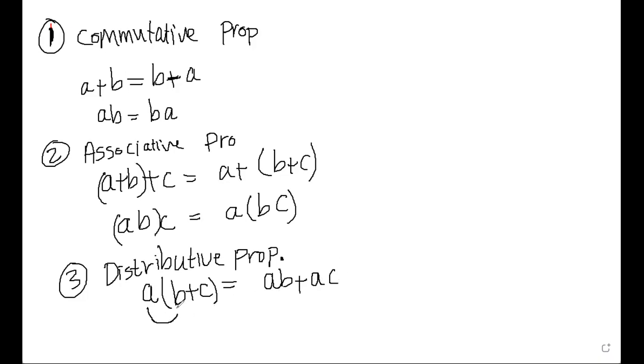We distributed the A to both terms inside the parentheses, AB plus AC. The same thing if I multiply B plus C by A, again distributing the A to both, AB plus AC. Is it clear? Yes. Okay.